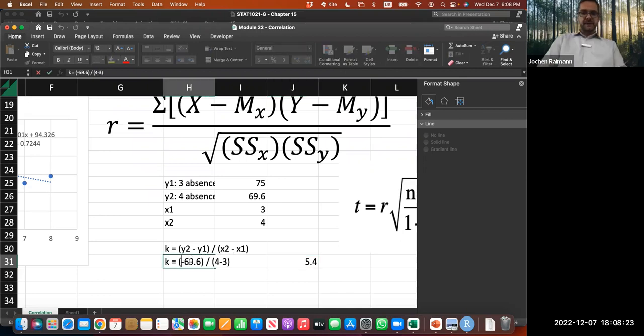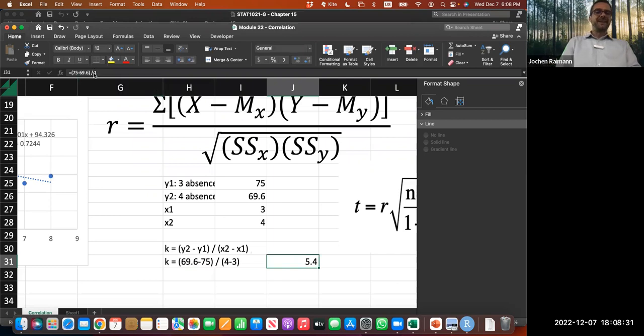Should actually be 69.6 minus 75. My bad, because it's supposed to be a negative slope. So that's basically how you can calculate that slope by hand without having to go over the regression equation. But this is how you have to think about slope.